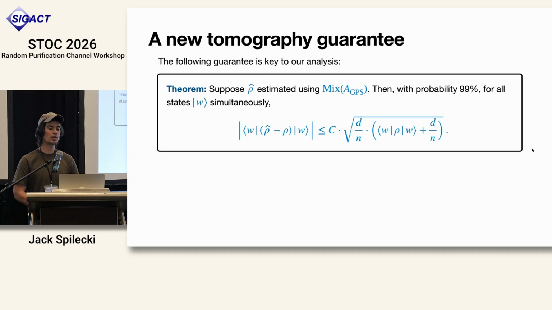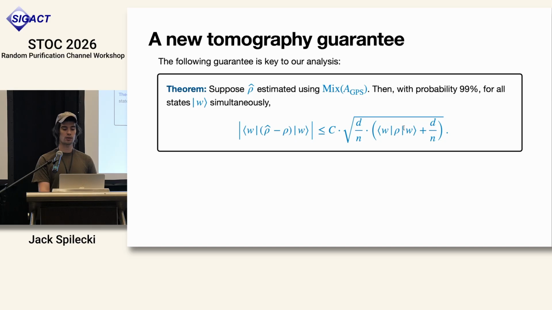So what the guarantee says is that if you're using mix of GPS to do your mixed state estimation, then with high constant probability, 99%, for all states W simultaneously, we have the following bound. What this bound is saying is that you look at how much rho hat deviates from rho in the W direction, and we give a bound which depends on how big rho is in that direction.